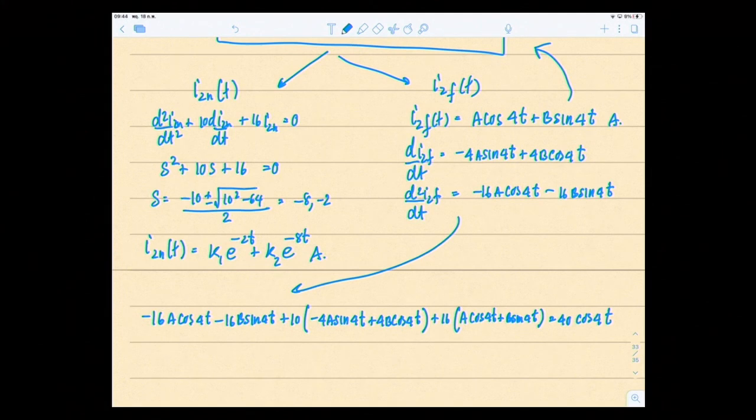I think you can cancel some of them out. For example, this -16a cos 4t and plus this one right here cancel out, and -16b and +16b also cancel.